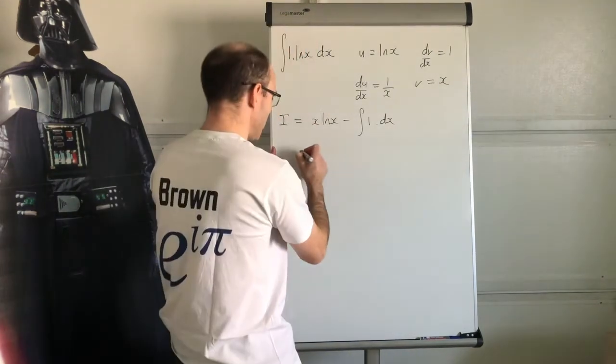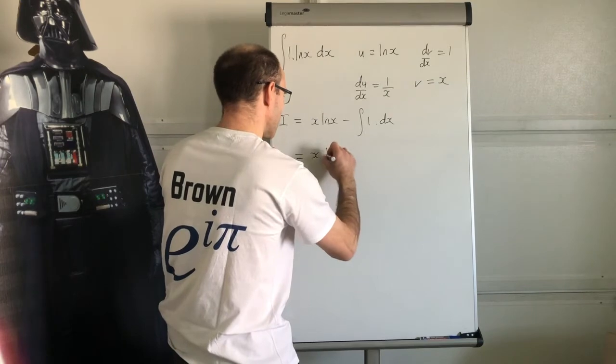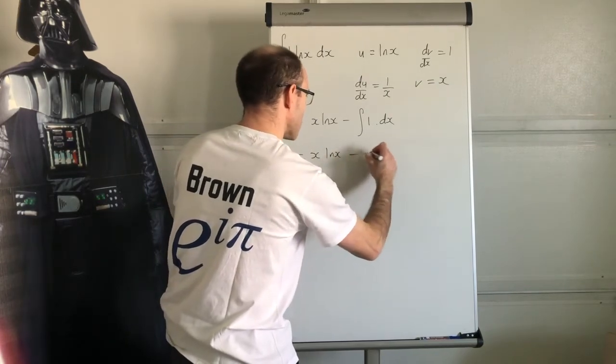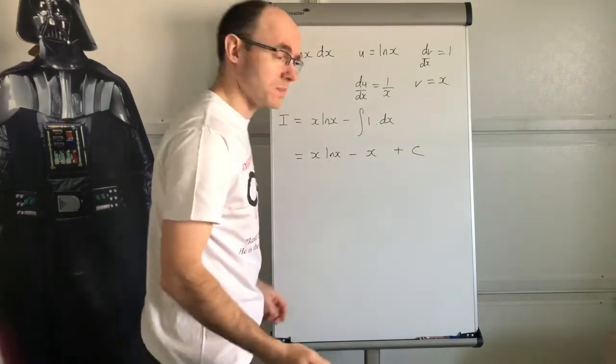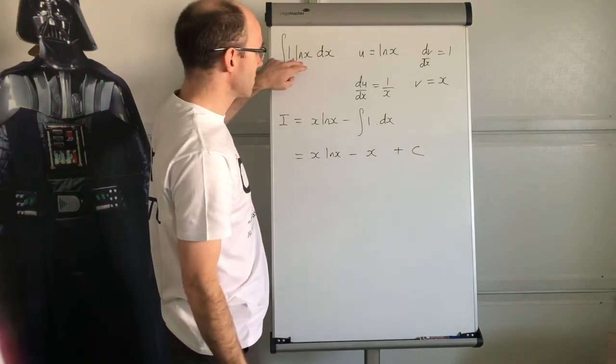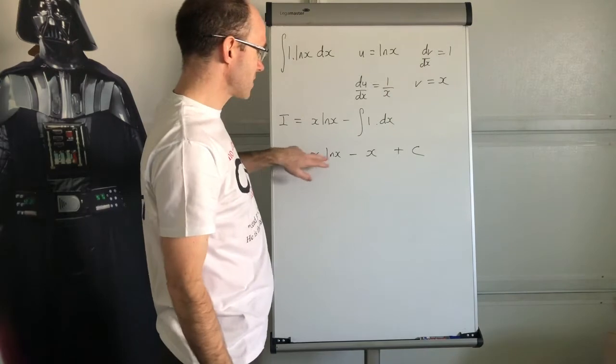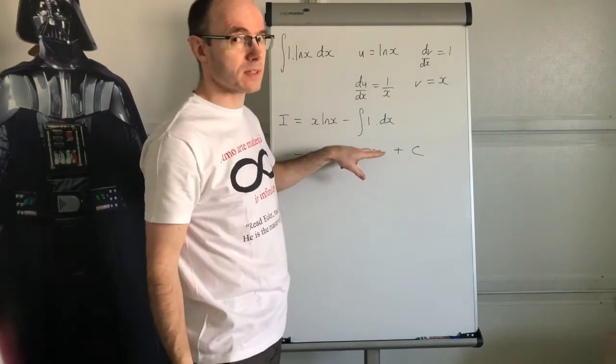Okay? And then that is just x natural log x, subtract x, and then plus c. So a very important result. The integral of natural log x is going to be x natural log x, subtract x. Okay, and that is it.